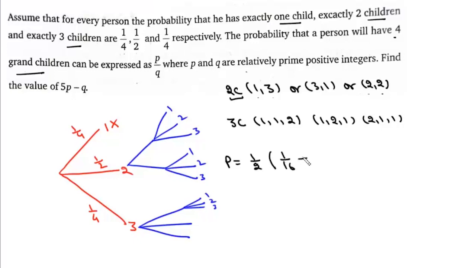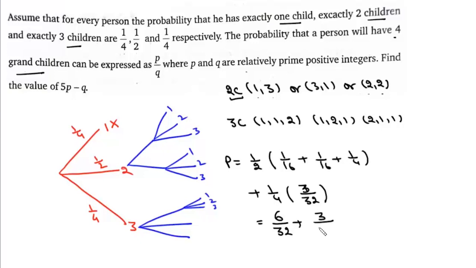So it will be 1 by 16. 3, 1 is also 1 by 16 and then 2, 2 is 1 by 4, plus probability of 3 children, it is 1 by 4 and then 1, 1, 2 is 1 by 4, 1 by 4 and 1 by 2 and that will be 1 by 32 and there will be 3 cases. So it will be 6 by 32 plus 3 by 128.